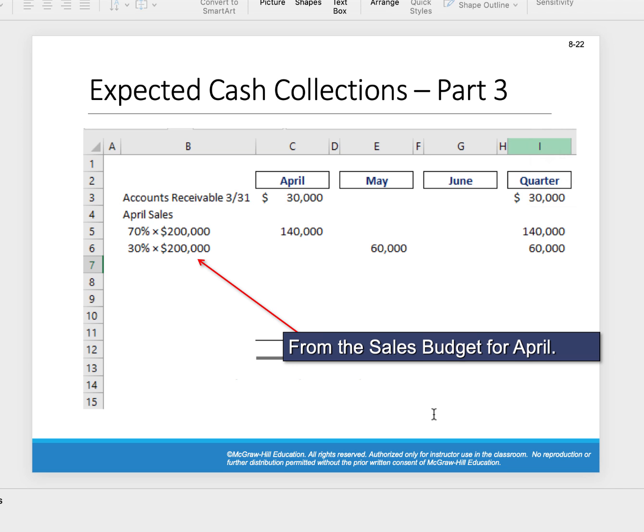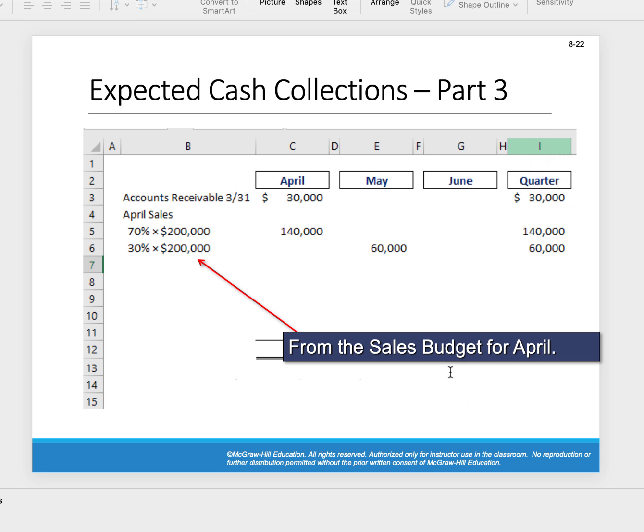So we know in April we're going to collect all of March's accounts receivable, which is $30,000. Great. Then we have more cash that we're going to collect in April. April has sales of, I think it was, $200,000. We know that 70% of April's sales is collected in the month of April.